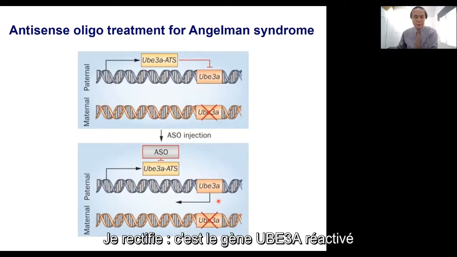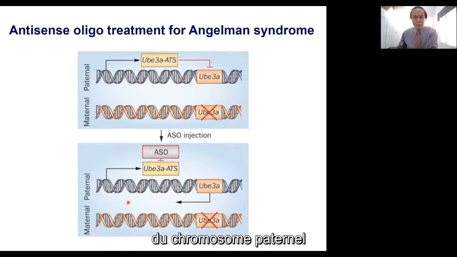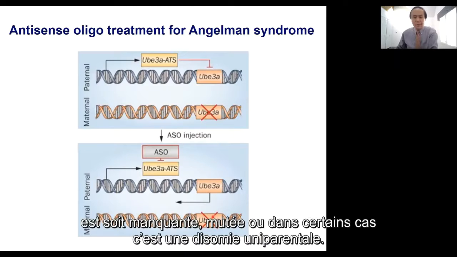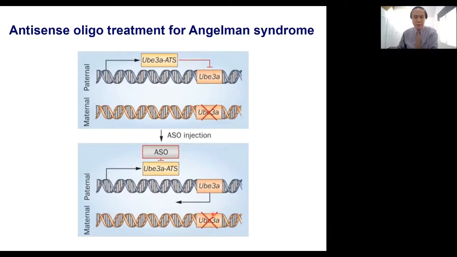So I hope I'm correct. It reactivates the UBE3A gene from the paternal chromosome because the maternal copy is either mutated or deleted, or in some rare cases, it's a uniparental disomy.